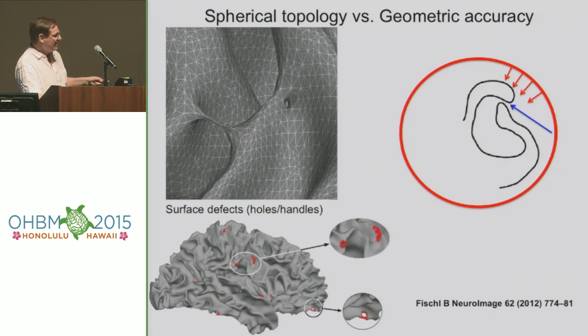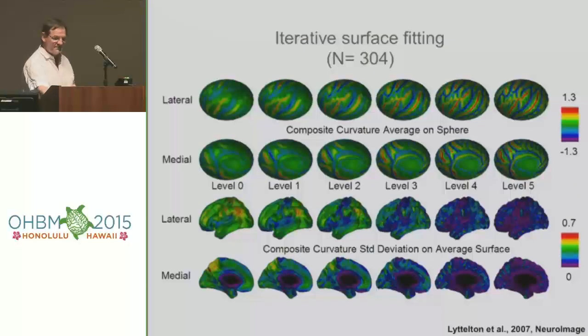And Fischl notes that it's often better to accept some topological defects so as to get a better fit of the deep crevices. And this might introduce handles and holes in the surface, and those have to be dealt with subsequently.